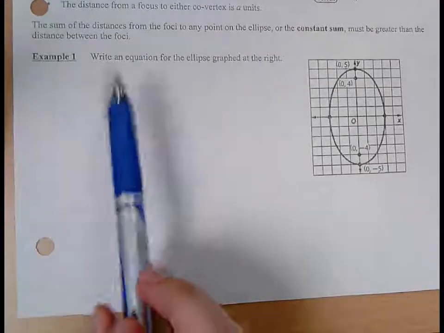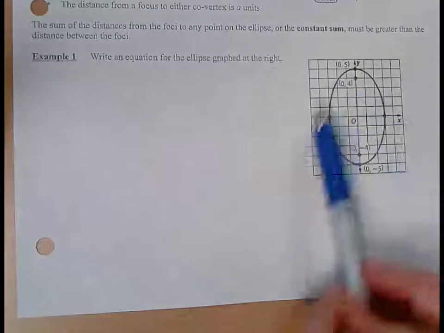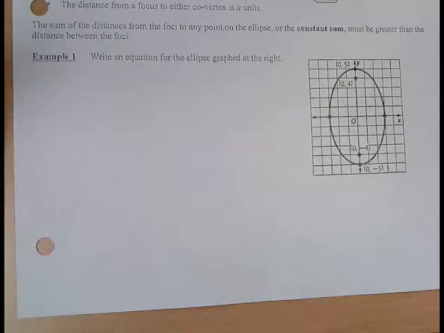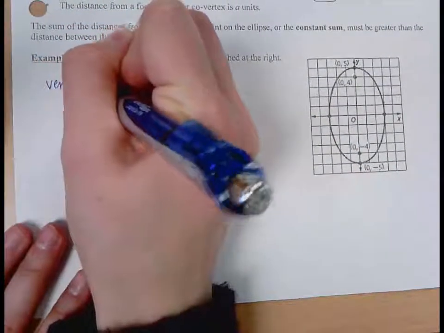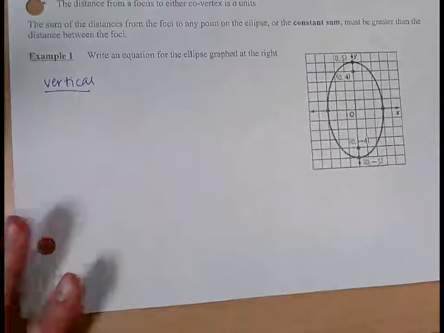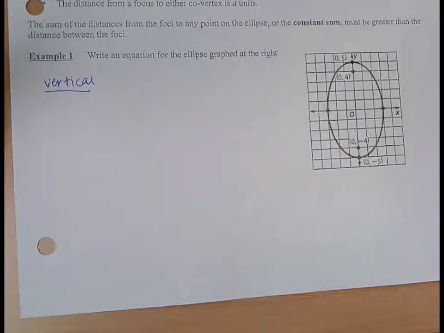So if we look at example 1, we're writing an equation for the ellipse that is on this graph. First of all, looking at the graph, we should be able to tell that this is a vertical ellipse. So your first step is to determine if the ellipse is horizontal or vertical, so you know which standard form to use.